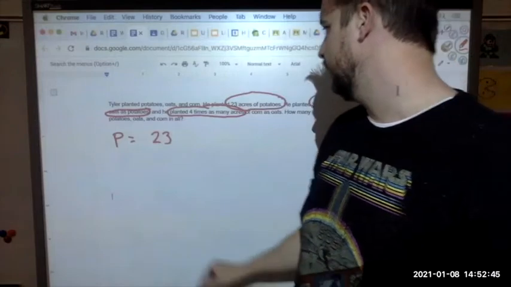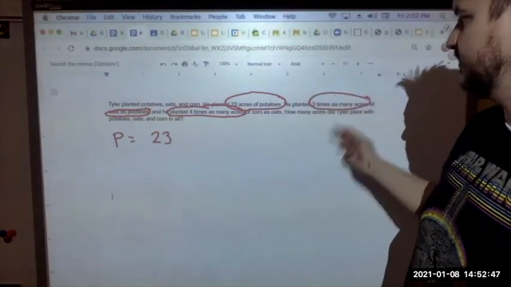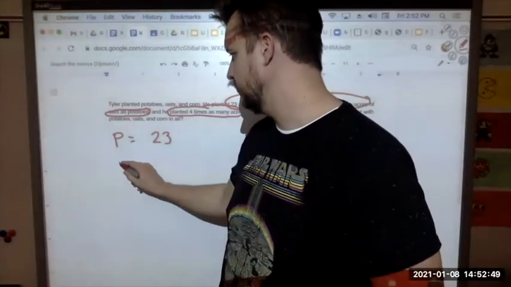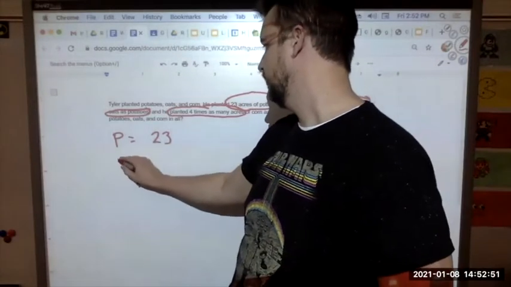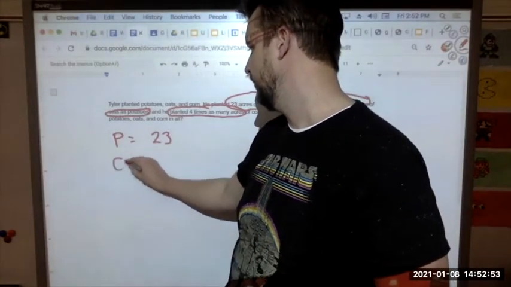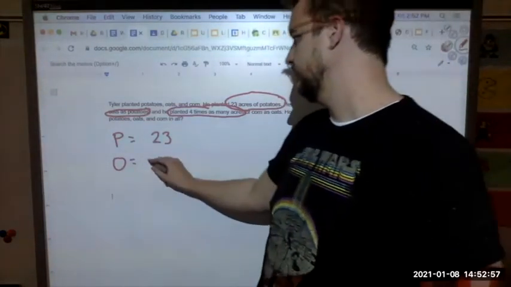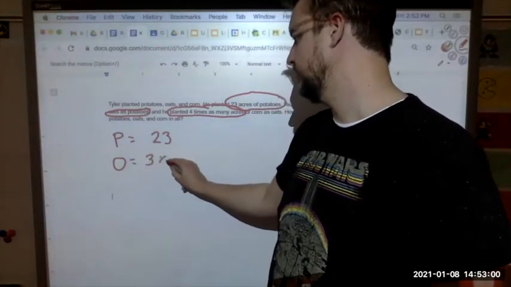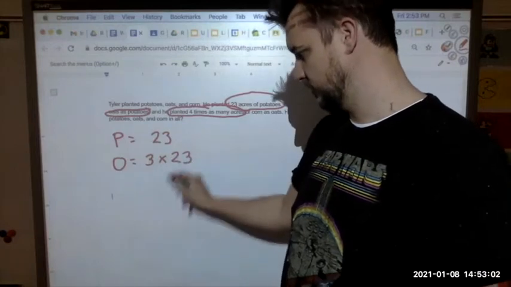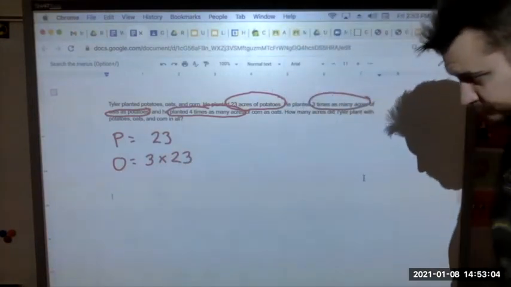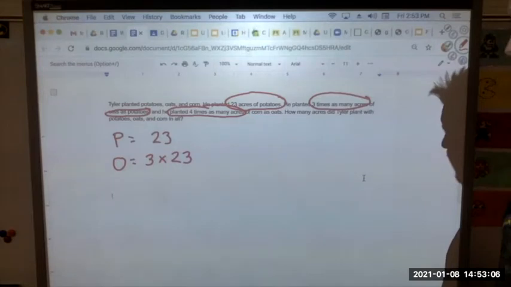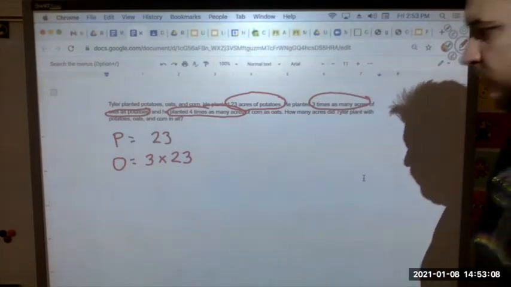We also have 3 times as many acres than potatoes. So that was my oats. So oats is 3 times as many as potatoes, or 23, sorry. And then it says for corn is 4 times.